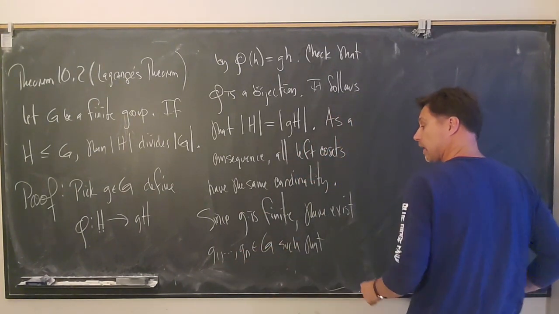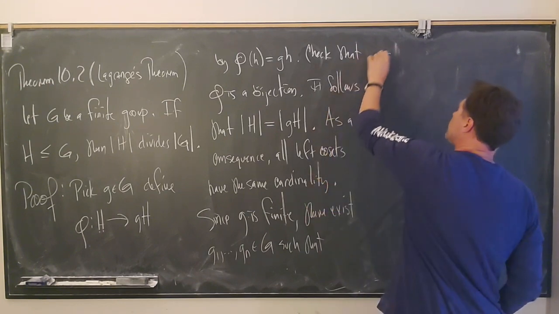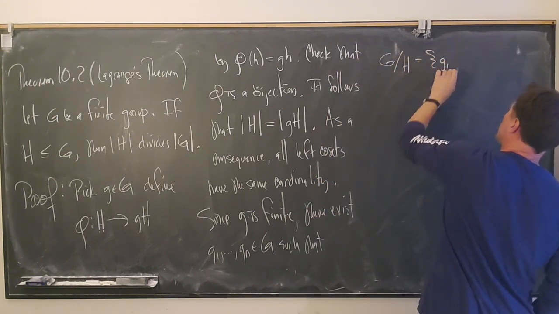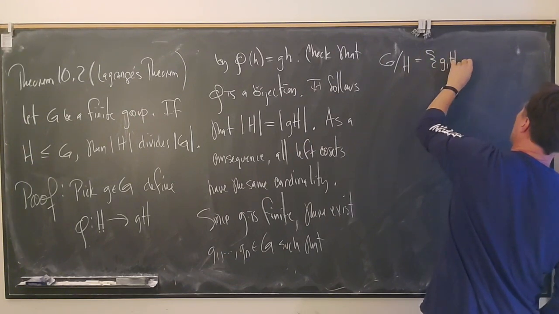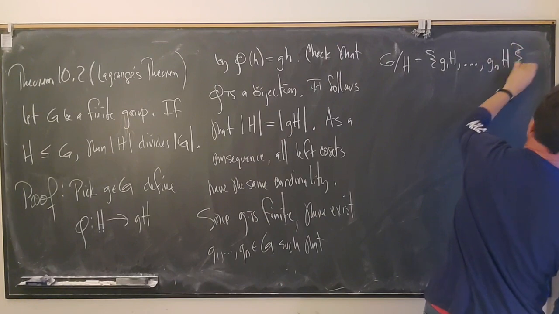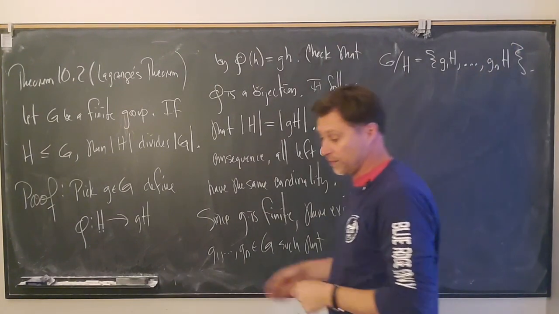So such that G mod H is equal to g1H up through gnH. So that gives us a complete listing of the left cosets.